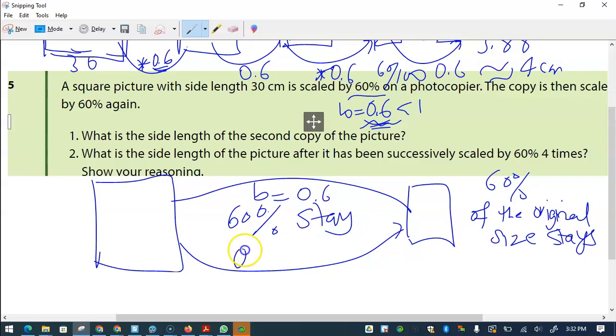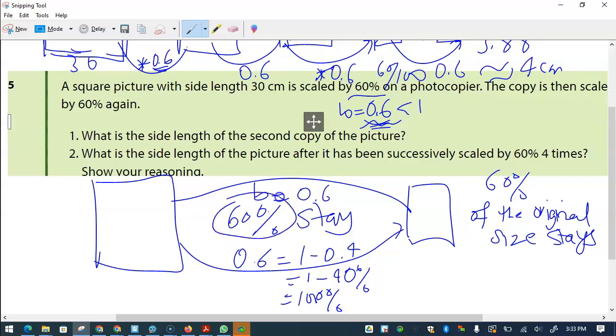We can write 0.6 equals 1 minus 0.4, which means 1 minus 40%, because the 1 means the whole, which is 100%. From 100% you take away 40%, and 60% stays. This means it is really getting reduced by 40%.